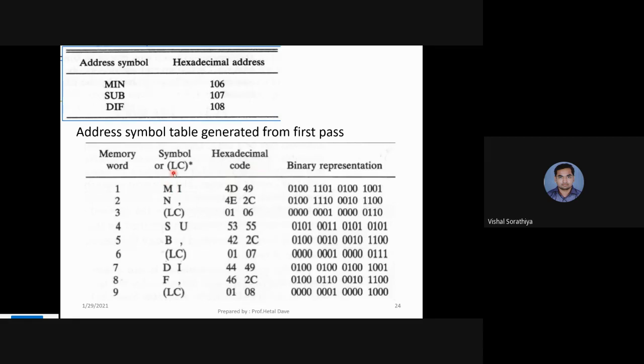So whatever instruction you have written, all of it first gets segregated into separate parts, and then into 2-bit hexadecimal codes: MI, N, comma, then LC, then SU, B, comma, then LC. Likewise it gets segregated, creating a code table out of that. So in the assembly language program you have written mnemonics, but in symbolic form they are converted into binary representation from the first pass.